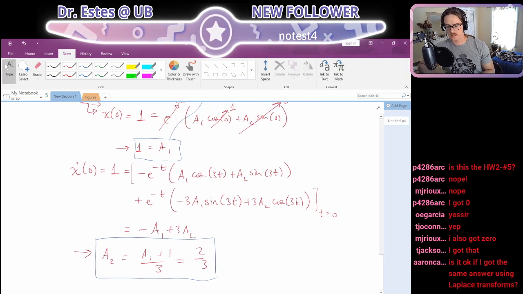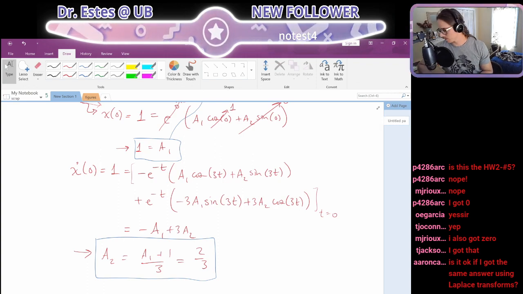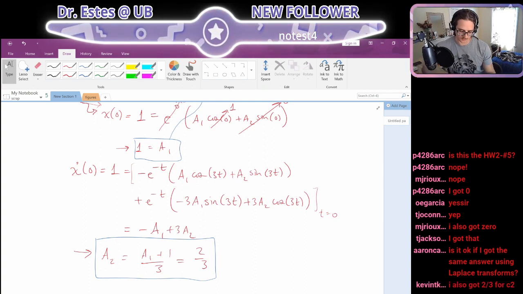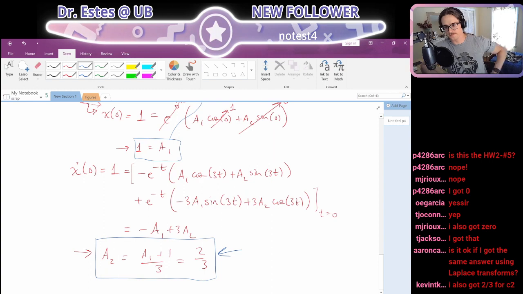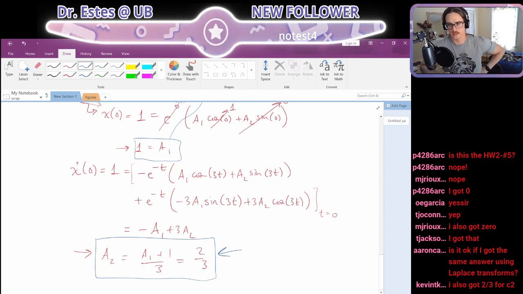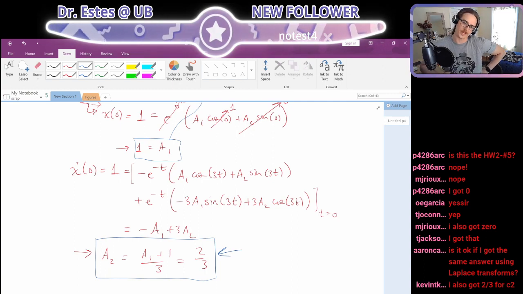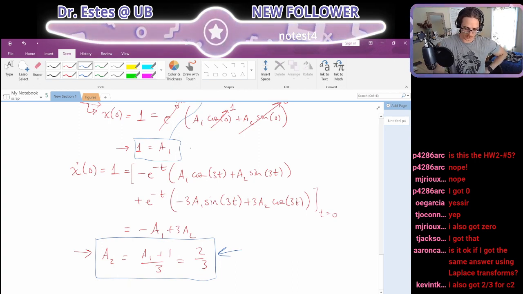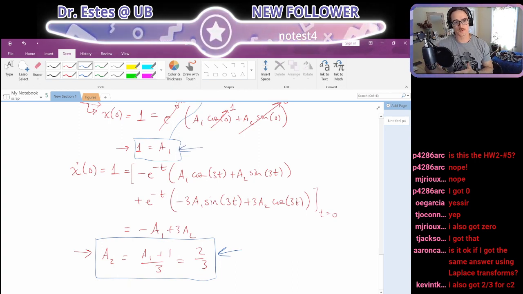Is it okay if you got the same answer using Laplace transforms? That's fine with me. We'll get to that later in the class. You got 2/3 for that other coefficient? Okay, enough people are agreeing with me that I'm feeling pretty good. I do make mistakes. It's not unheard of. But I think this is right. Unless I screwed up.